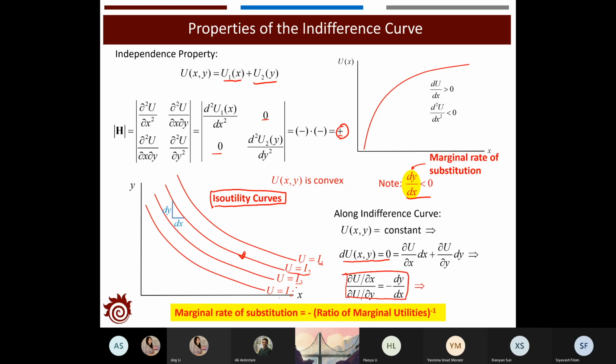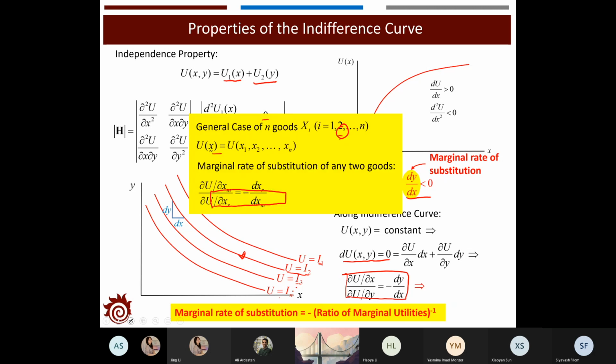It indicates that the marginal rate of substitution, dy over dx, would be the negative inverse of the ratio of the marginal utilities. So if we know the function of u with respect to x and y, it will be quite easy to see the value of dy over dx along the constant utility. That's the second feature of the indifference curve.